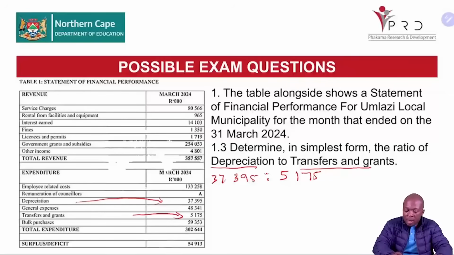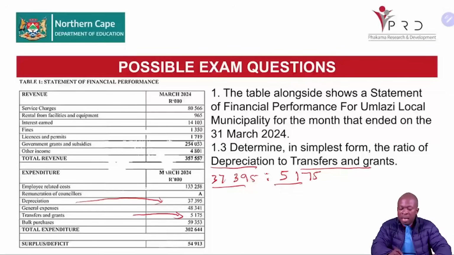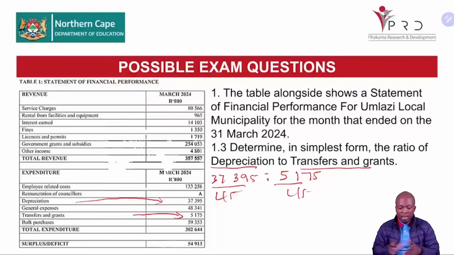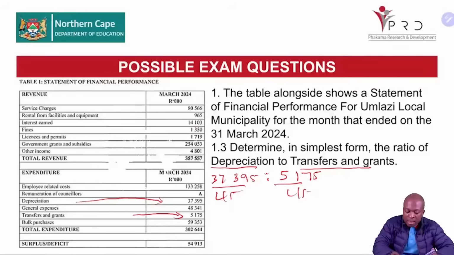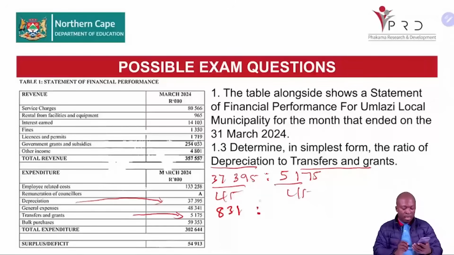Then now we look for a number that can go through both of our values. So here we can divide both sides by 45. Let's see if we can get that correct. We have 37395 divided by 45 will give us 831. Then the next one will be 5175 divided by 45. That will give me 115.